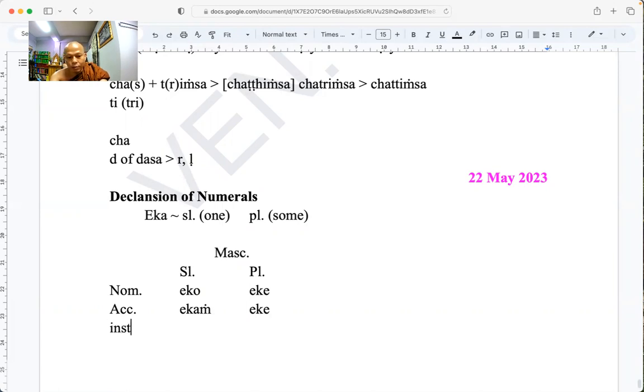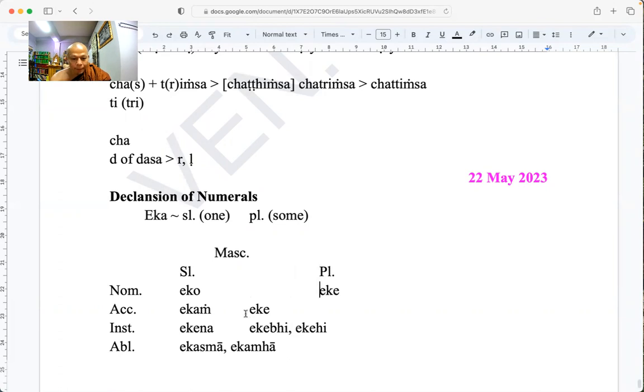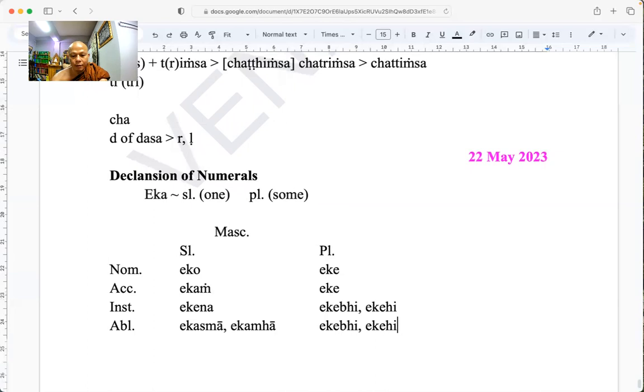Then instrumental is ekena, plural is ekebhi and ekehi. Ablative is ekasma and ekamha, and plural ekebhi and ekehi.